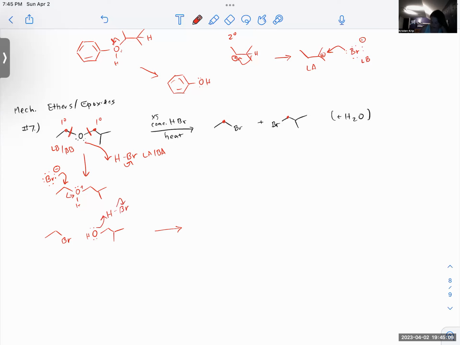This is going to separate. And then bromine is going to come in again. Attack that carbon. This is going to leave. And essentially we end up with that. So both substitutions proceed via SN2, so they're rather quick. They're kind of fast. I'm going to look back at the other one, number 5.